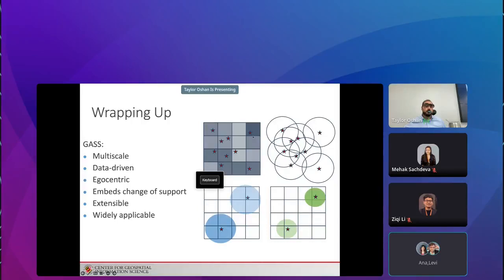It's egocentric, so that's the top part of the figure, meaning that we focus on a context around each individual observation point. It embeds change of support within the regression itself, and then it's extensible because it's within the GAM framework and can be combined with any other GAM extensions. So I'll leave it there.